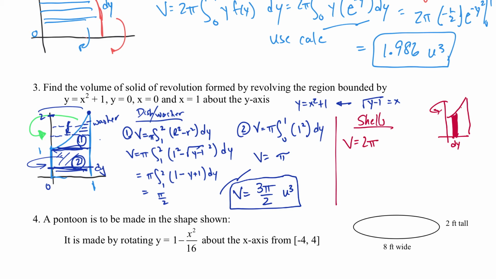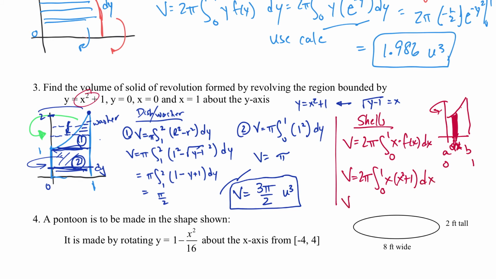Now, since I'm doing it in this manner, this is my A, there's my B. So this is the integral from 0 to 1. And over here, I'll have x times f of x dx, since my slices are dx like this. I should have said, I don't know if I said dy, but dx like that. So the volume ends up being 2 pi times the integral from 0 to 1 of x times x squared plus 1 dx.